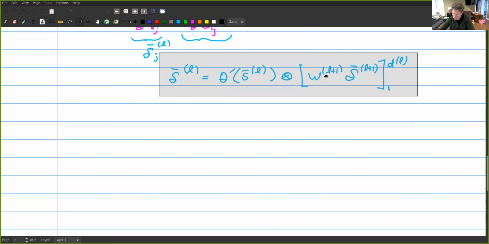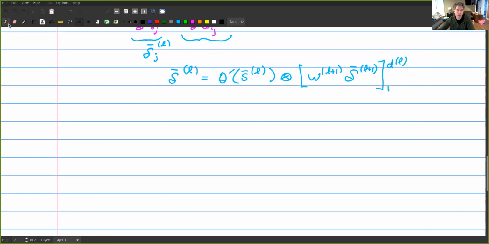All right, so the way we start with this is the simpler problem of trying to figure out what the jth entry of this thing should be. So what is the jth entry of delta^L? By definition it is equal to the derivative of E with respect to the jth entry of S^L.